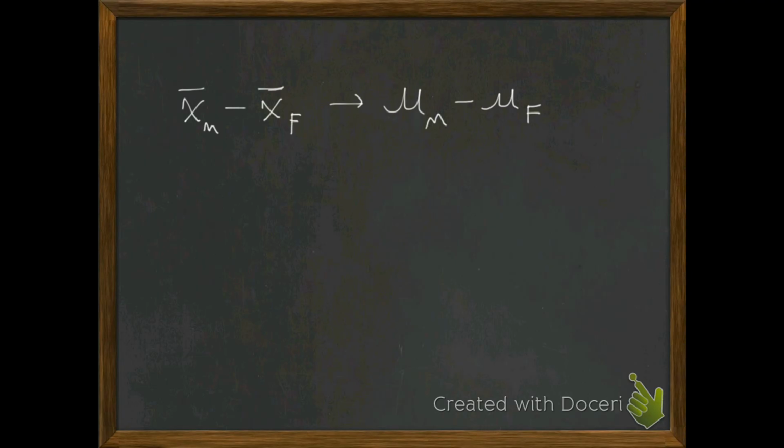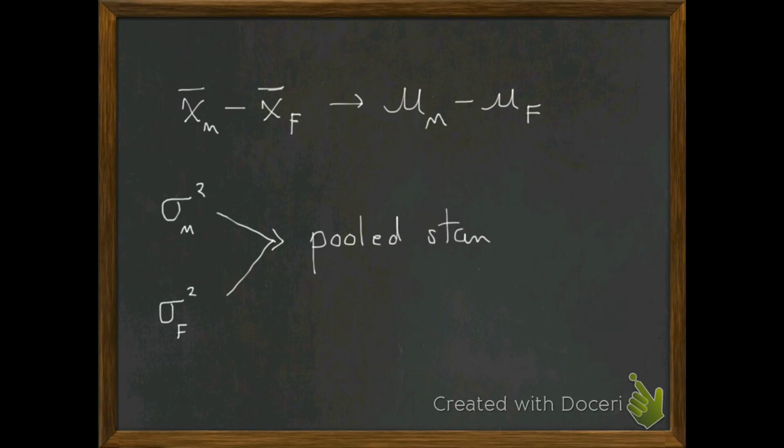But what happens when we are able to assume equal variances? We are able to combine the measures. And we do this with what's called a pooled standard deviation.